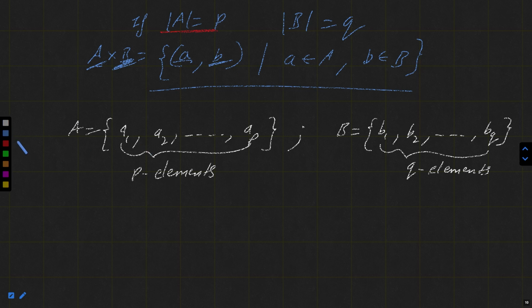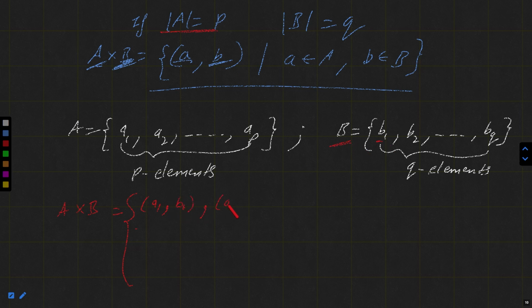Now from this, if I am going to write this whole set, how will I write it? Quite simple. First of all I will write A1, and then the second element comes from this whole set B. So I can write A1 with B1.